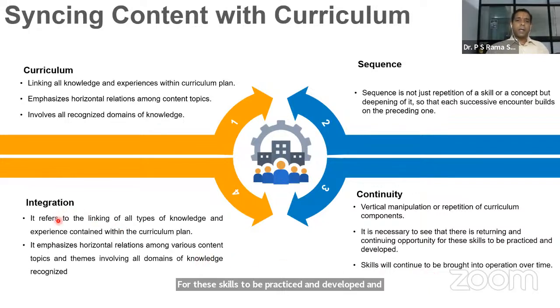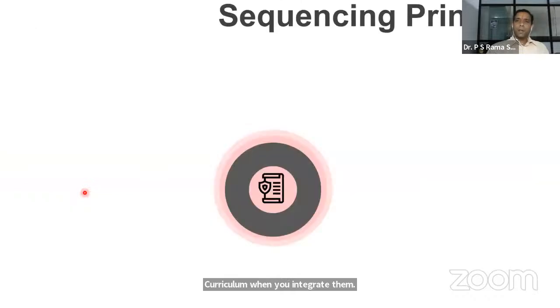And then integration. It refers to linking all types of knowledge. This is what we have seen here, right? It refers to linking all types of knowledge and experiences contained within the curriculum plan, right? So this is what meets the curriculum when you integrate. Then the fulfillment of the curriculum is done.